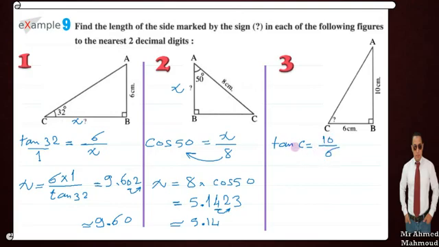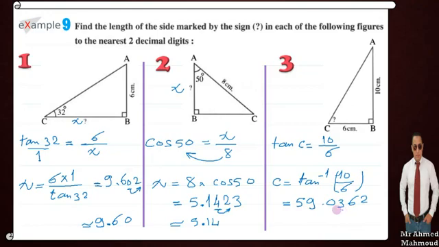To find C, I will press shift tan, then C equals shift tan of 10 over 6, which is equal to 59.0362, approximately.